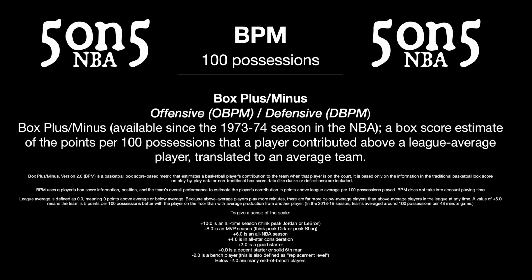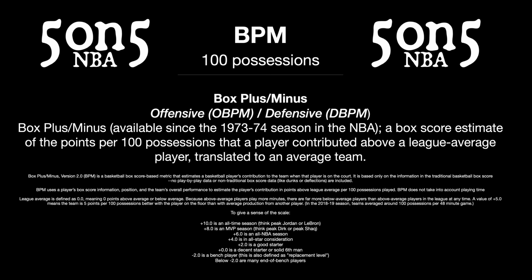From today we will add BPM per 100 possessions, which stands for box plus minus. There is also OBPM, which stands for offensive box plus minus, and DBPM, which stands for defensive box plus minus.